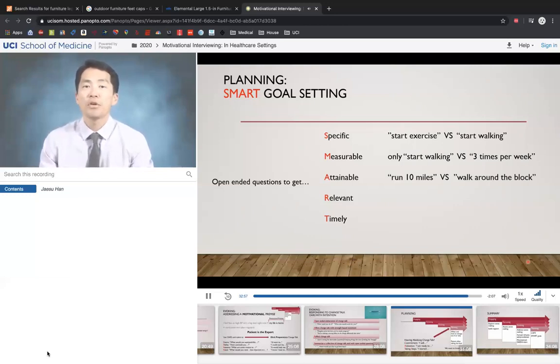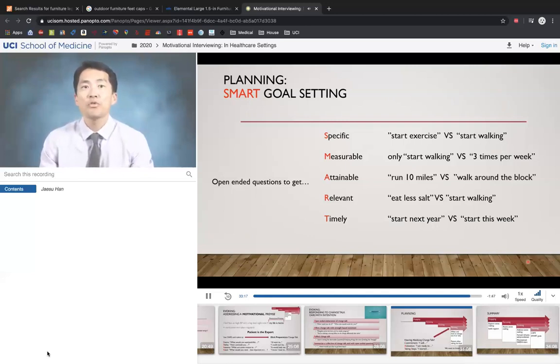And then there's relevancy. So starting walking would be relevant to an exercise program, but eating less salt while healthy is really not relevant to an exercise program. And then finally, timely. Starting this week would be timely, versus starting next year, not as timely.